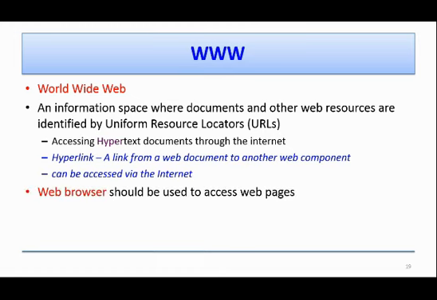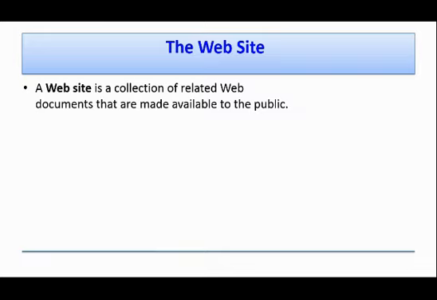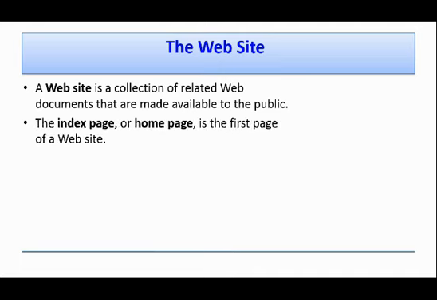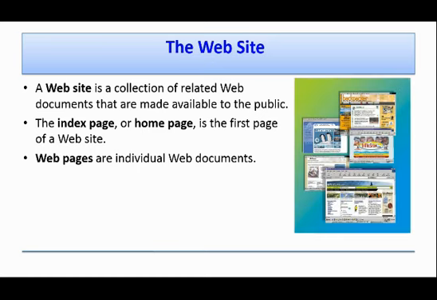So you need a web browser to access web pages. Then what is a website? Actually a website is a collection of web documents which are made available to the public. A website basically contains an index page or home page. That is the first page of the website. Web pages are individual web documents, right?